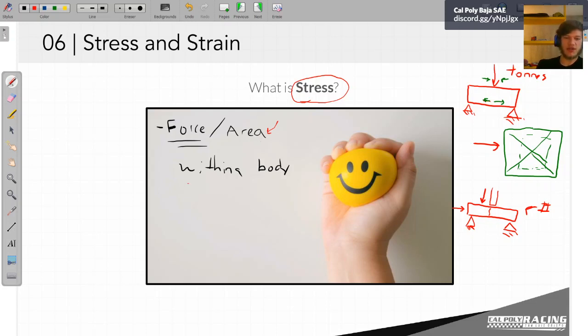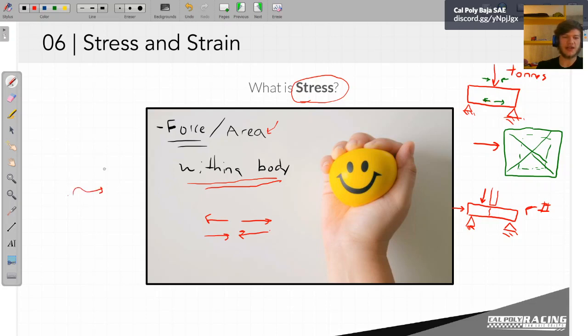And then the last part here is that this all happens within the body itself. So these are forces that are trying to either pull the body apart or push the body together. The reason stresses are different than pressures is that we think of pressures as moving the body.